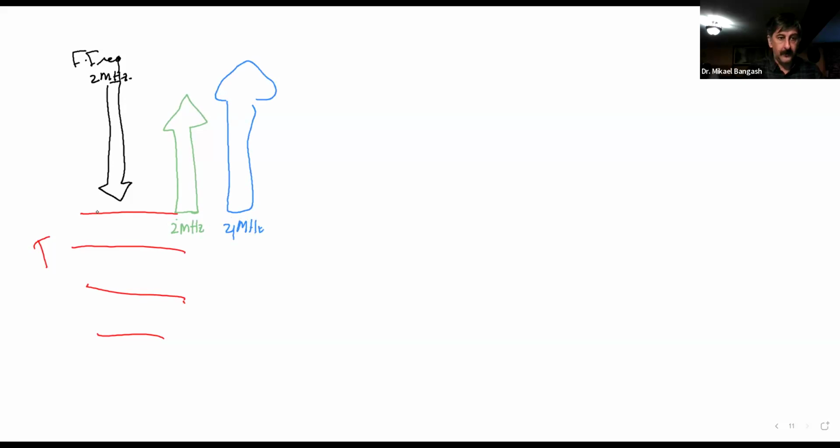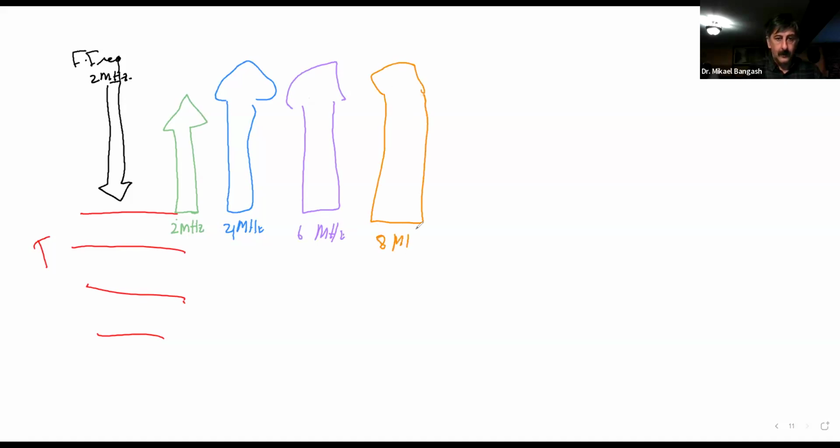It may even go further, reflecting back frequencies of, let's say, 6 megahertz, and a frequency of 8 megahertz. So these are the different frequencies that will be reflected back.